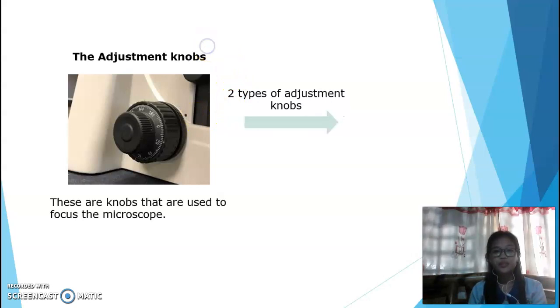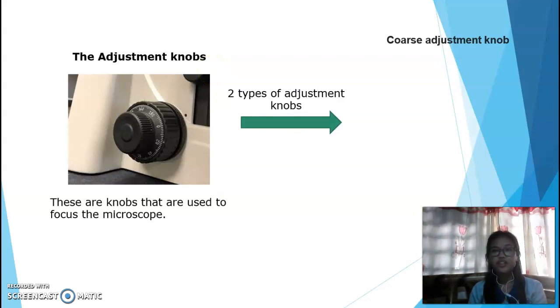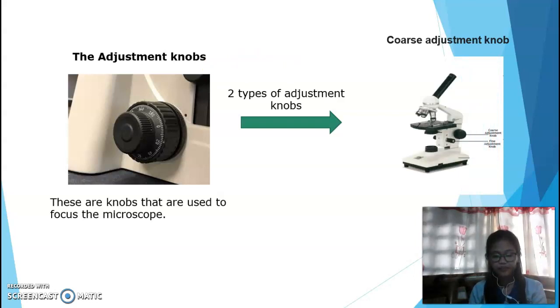The coarse adjustment knob focuses the image under low power, usually the bigger knobs. And the second one is the fine adjustment knob, which sharpens the image under all powers, usually the small knobs. Arms support the body tube and are used to carry the microscope.